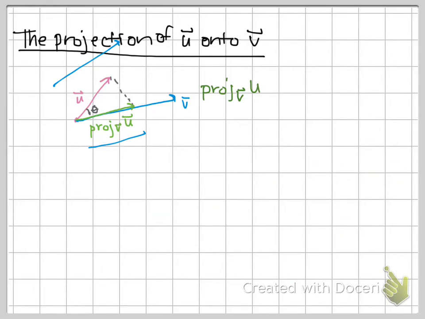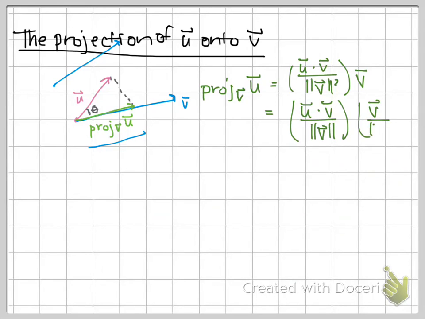That's the projection of u onto v. The formula for this is u dot v over the magnitude of v squared, times v. So you can see this is clearly in the direction of v. Now if I rewrite this, what I have here is the unit vector in the direction of v times a scalar.